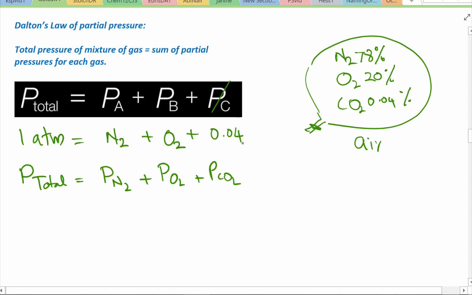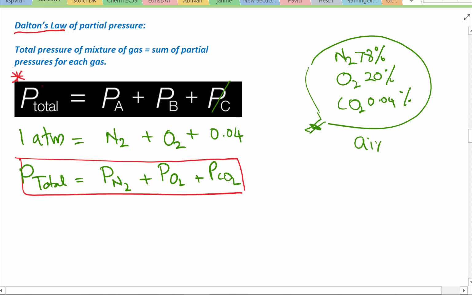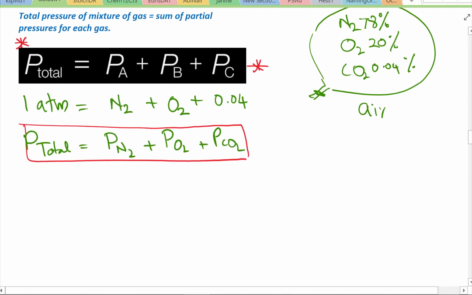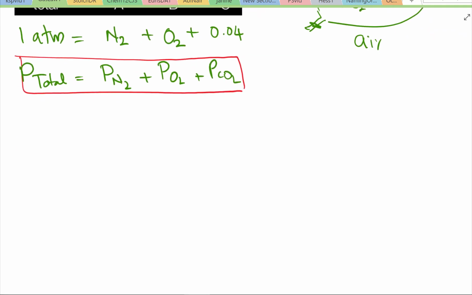Those are the partial pressures of the three gases that we are considering in a sample of air. That's called Dalton's law of partial pressure. It's pretty simple. Each component together will give you the total pressure for the sample.